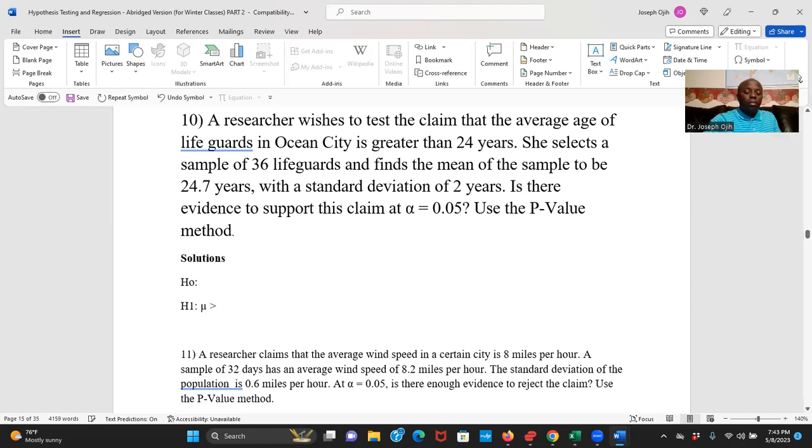The null hypothesis always says the opposite, so it would say less than. However, we cannot use the less than symbol in the null hypothesis, so we use the less than or equal to symbol. That means the average age is less than or equal to 24 years.